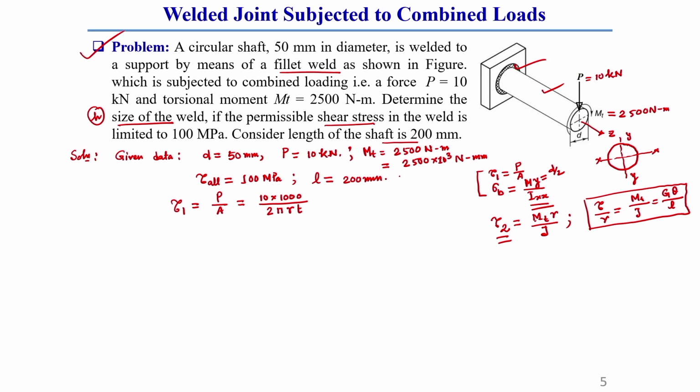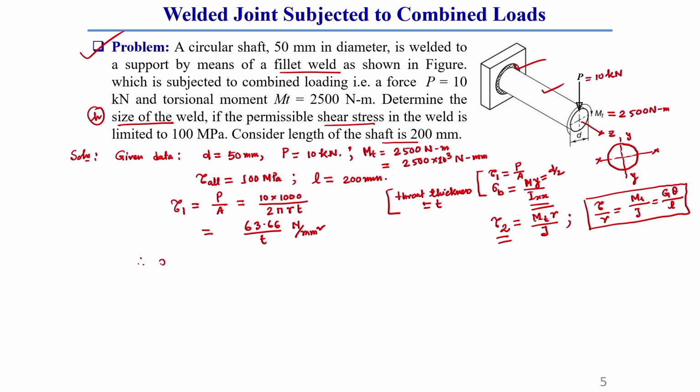Let us consider the throat thickness equal to T. This gives a value of 63.66 divided by T, in Newton per mm square. Everything I am putting in terms of millimeter. Keep this in mind.